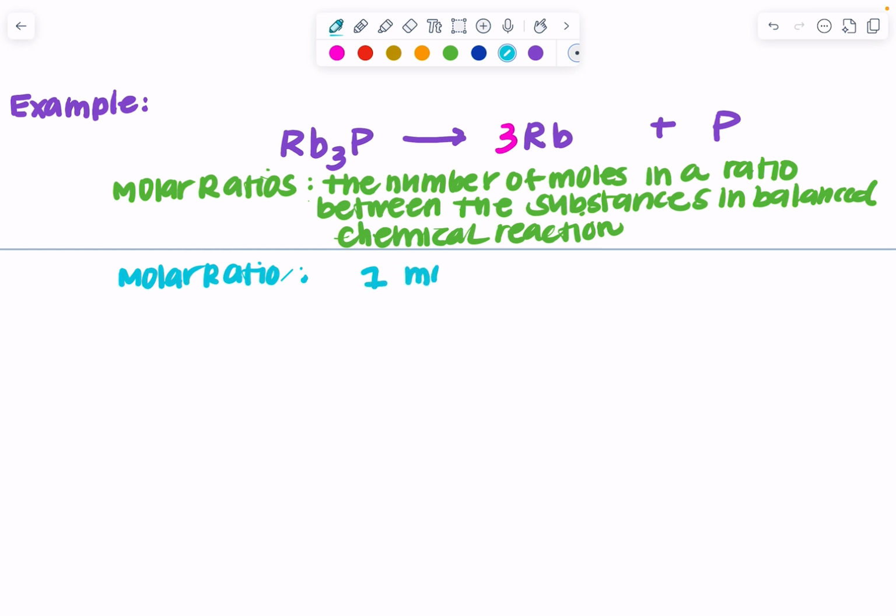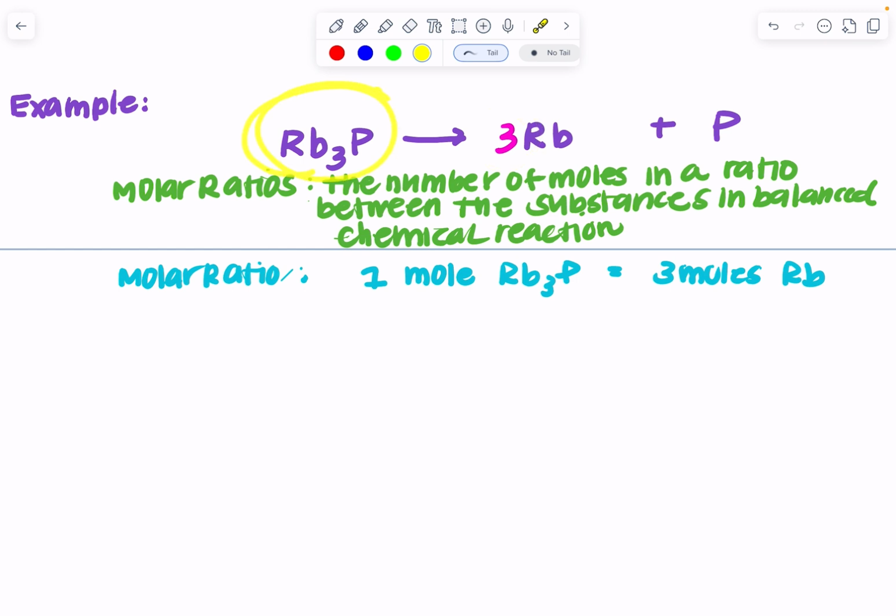For every 1 mole of Rb3P, again, I'm using 1 mole because there's a 1 in front of this, our ratio is 3 moles of rubidium. The way that I got that is there's an invisible 1 right here. That's the molar ratio for this compound. There's also this compound here, which has a 3 as its molar ratio.